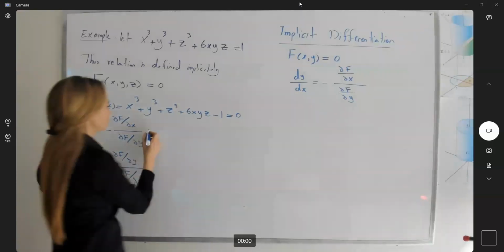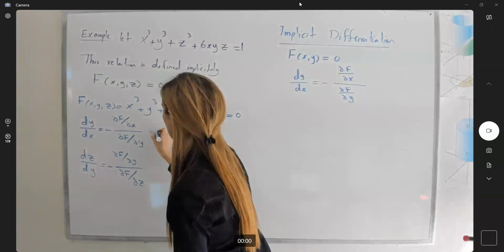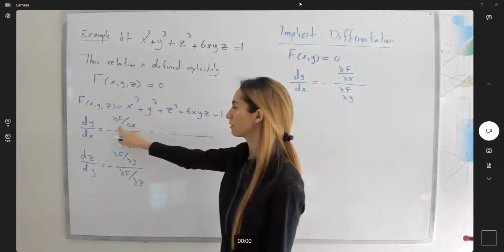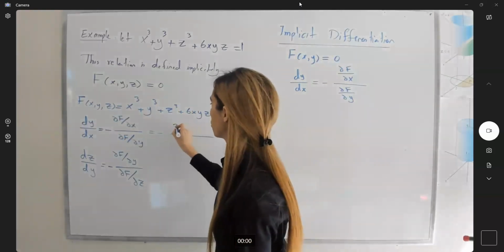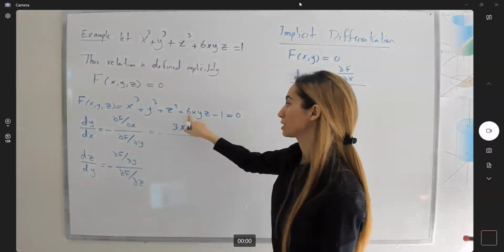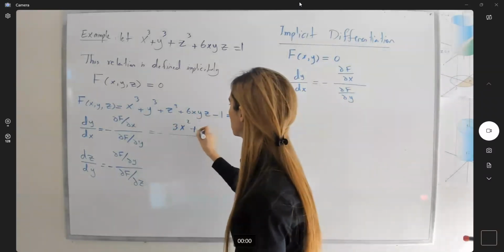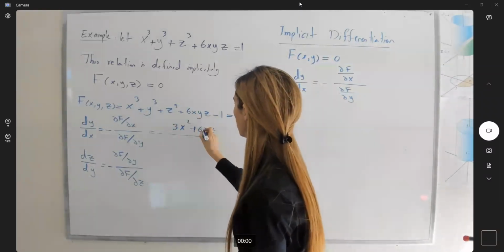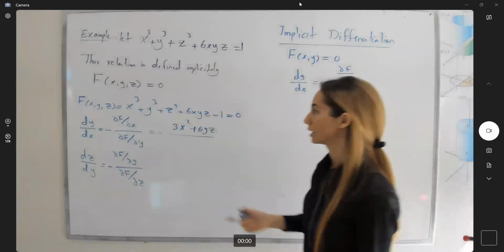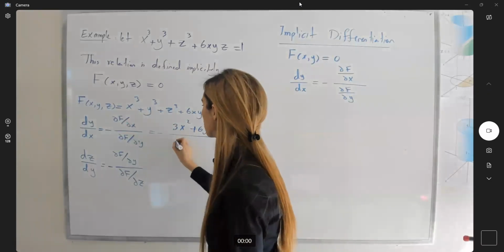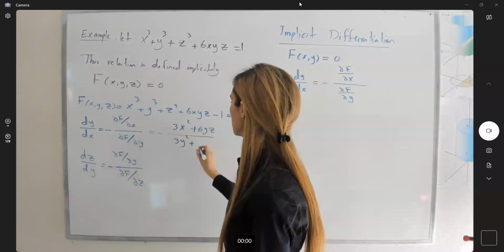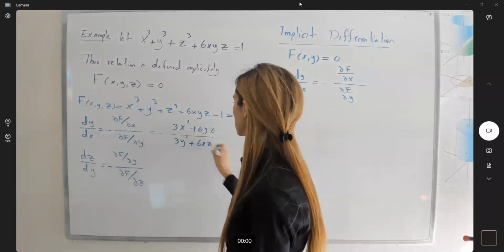Let us follow. This first one becomes minus, and on the numerator, partial derivative of f with respect to x: 3x squared, this is 0, this is 0, this is going to be 6yz, divided by, on the denominator, taking the partial derivative with respect to y: this is 0, this is going to be 3y squared, this is 0, and this side is going to be plus 6xz.